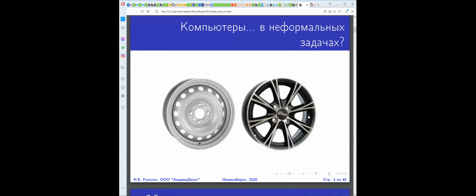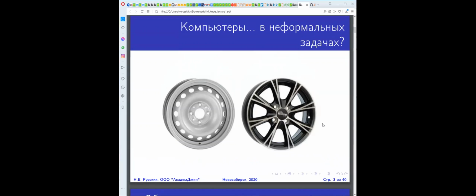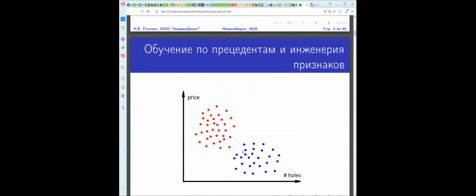So let's consider the number of holes in the wheel. This one has more holes than this one, and let's consider their price. For people who own a car, it's generally known that this kind is more expensive, so its price is higher.